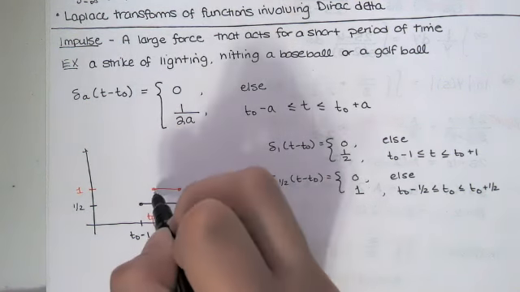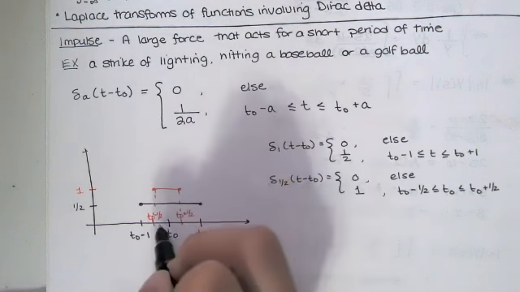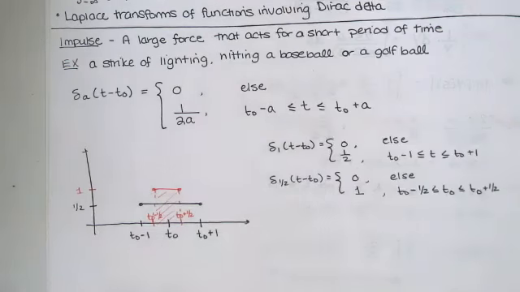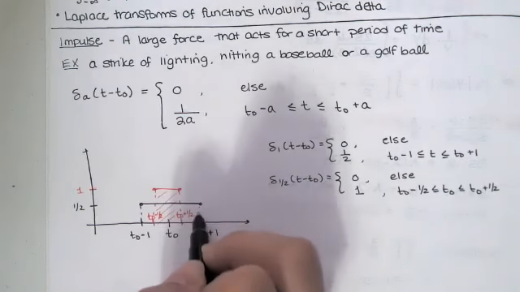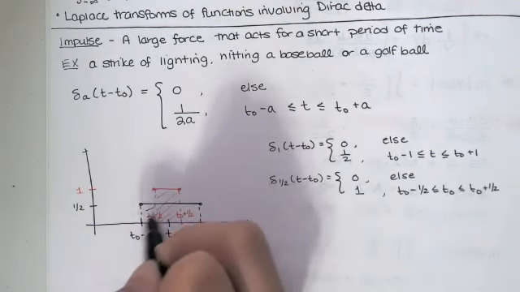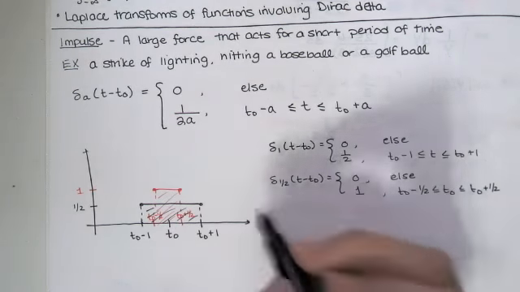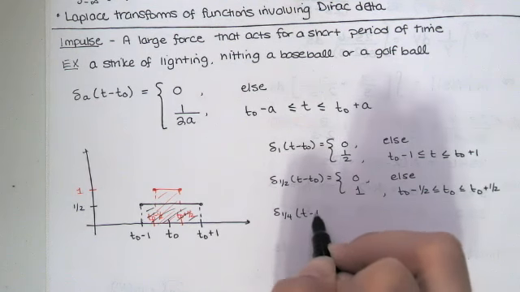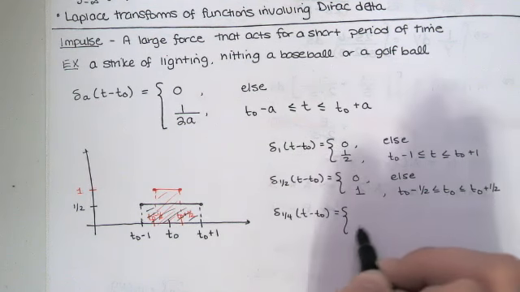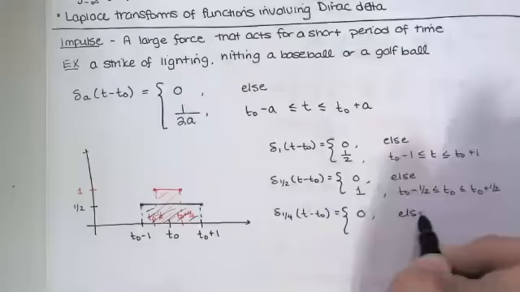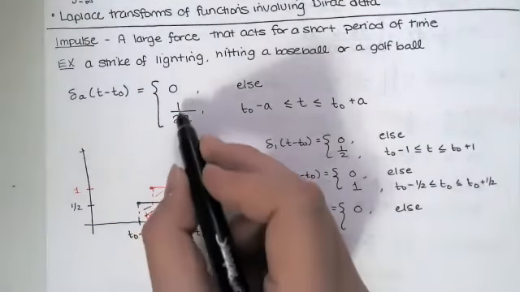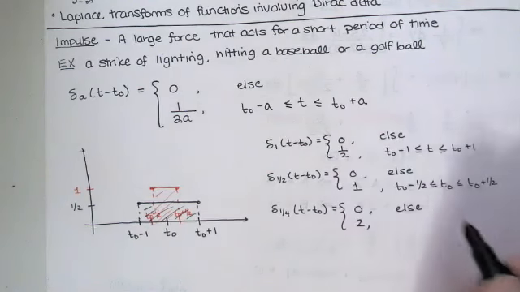The area under this curve is 1 unit by 1 unit. So that area is 1. The area under this curve was 2 units by 1/2 of a unit. So that area was 1. Let's shrink A again. Let's go to 1/4. 1/4 times 2 is 2/4, so that's going to be 1 divided by 1/2, which is 2.